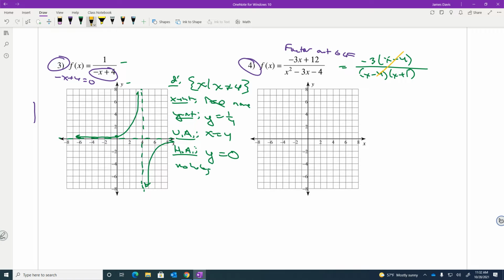So that's going to tell you there's going to be a hole there. For the domain, we want all x's such that x cannot be whatever makes the denominator 0. So we still need to include this 4 because it does make the denominator 0. And also -1. So those two places where the denominator is 0 are 4 and -1. So, sorry, not equal.